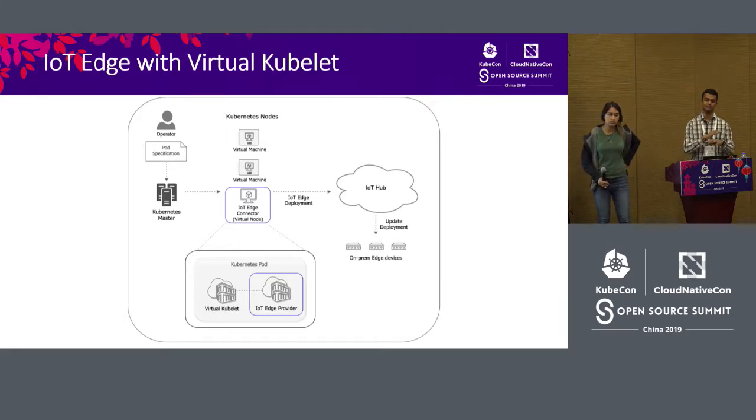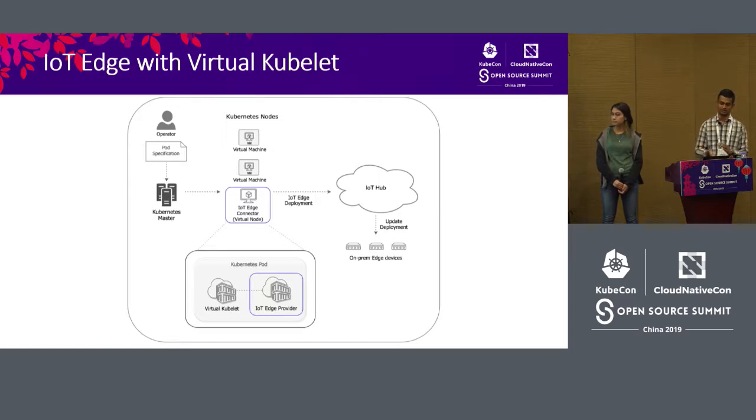You can manage all software and containers on your edge devices just by using the IoT edge provider with your already existing Kubernetes cluster. You don't have to worry about nodes or anything like that. You can just spawn off workloads and containers to those edge devices.